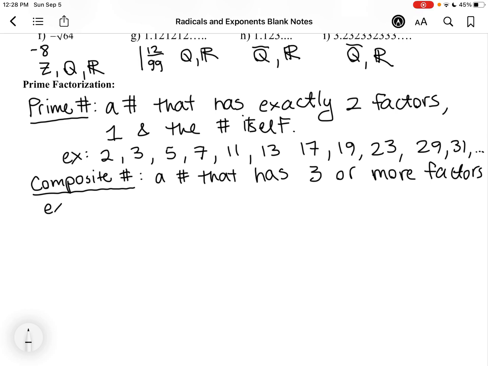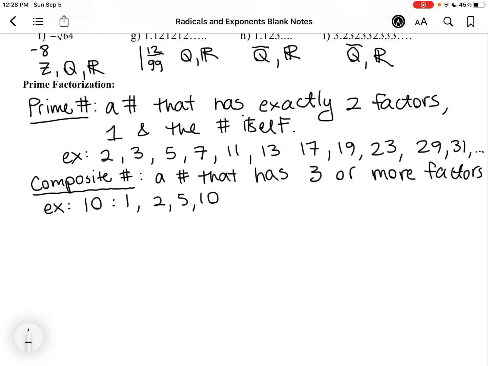Okay, so for example, the number 10 is composite because the factors of 10 are 1 and 10 and also 2 and 5. So it's got other factors besides 1 and itself. Okay, so that would be an example of a composite number.